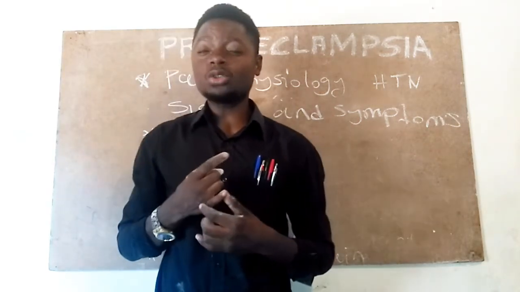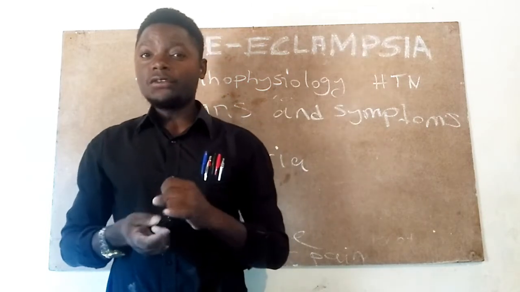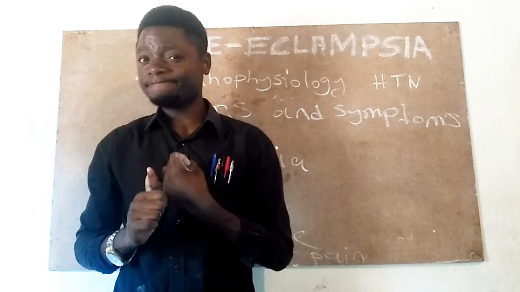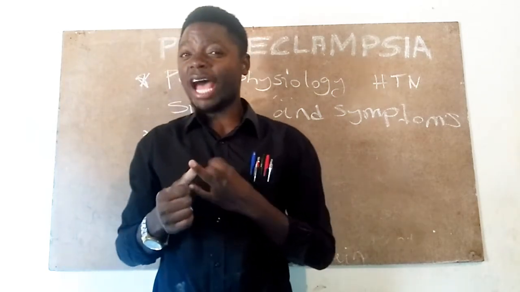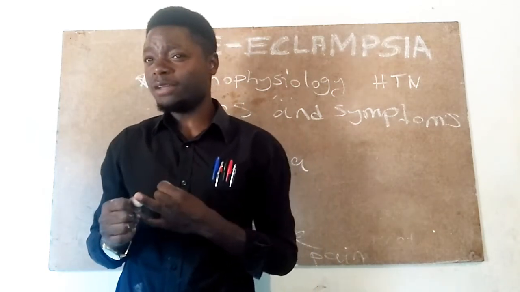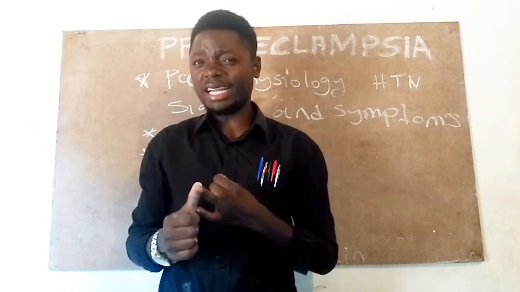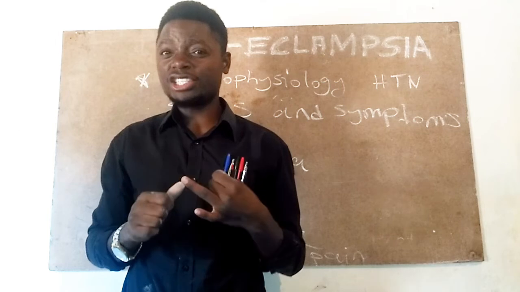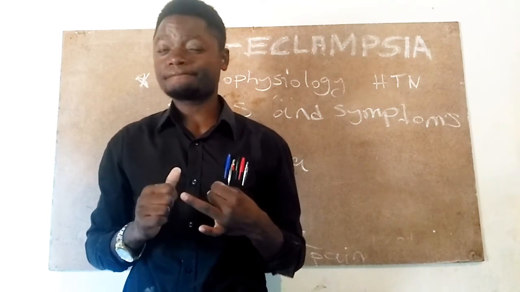And this will depend on two things. The first one is the severity of the condition to the mother, and the other one is the ability of the fetus to survive in extrauterine life when we deliver it before its gestational age is complete.